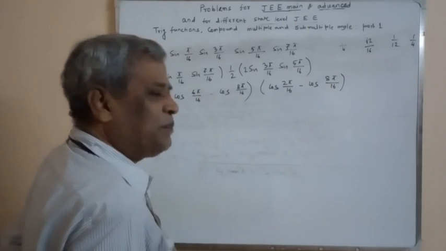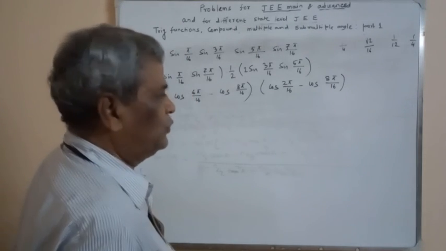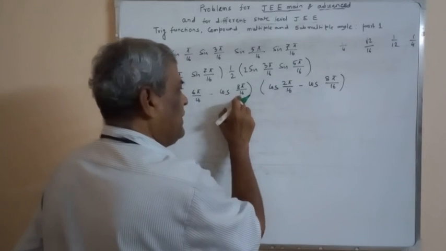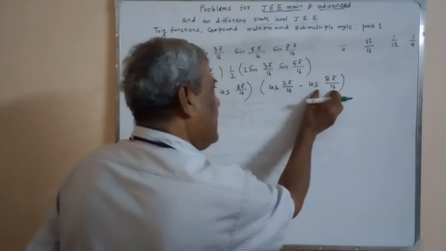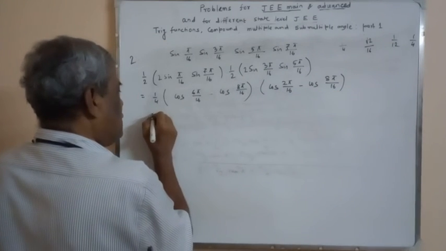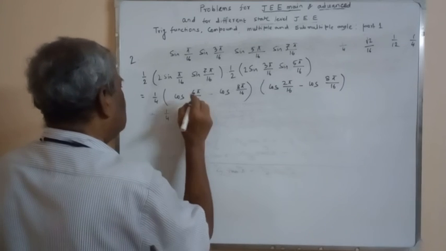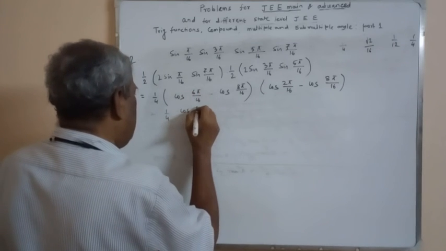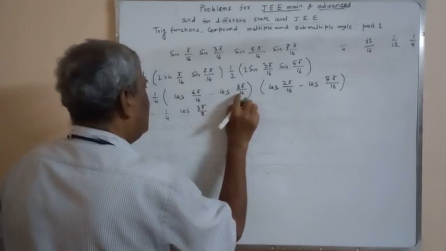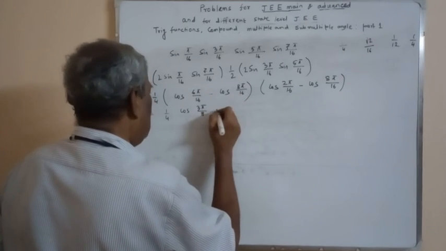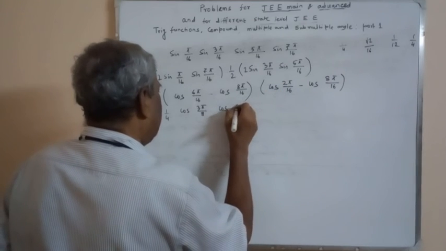Now cos 8 pi by 16 is nothing but cos pi by 2, its value is 0. So this is equal to 1 by 4 into cos of 6 pi by 16, means 3 pi by 8, into cos of pi by 8.